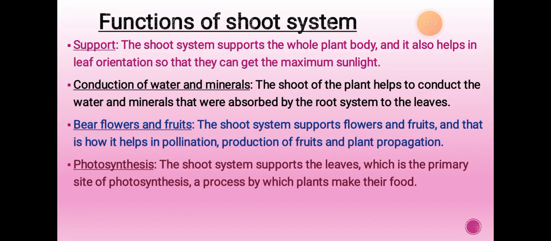The shoot system plays a very important, vital role in supporting photosynthesis, because plants need sunlight, and they can only get sunlight if the plant is bigger. Therefore the shoot system provides support so that the plant can take in the sunlight, the carbon dioxide and the water, and do photosynthesis, which is important for making food.